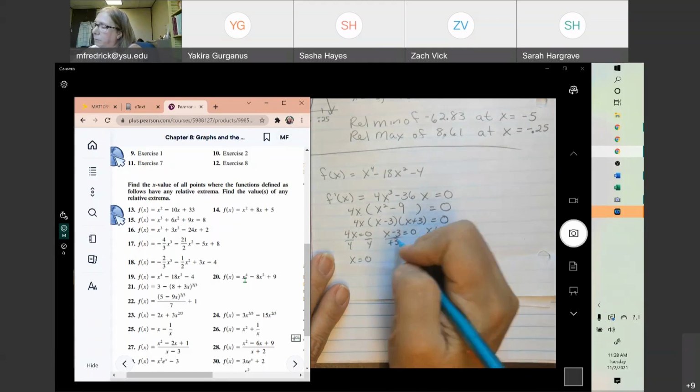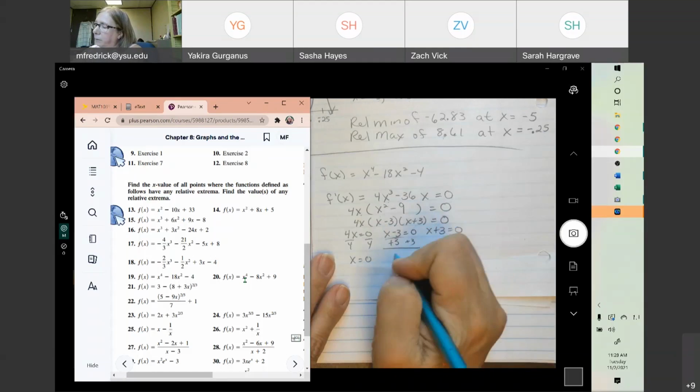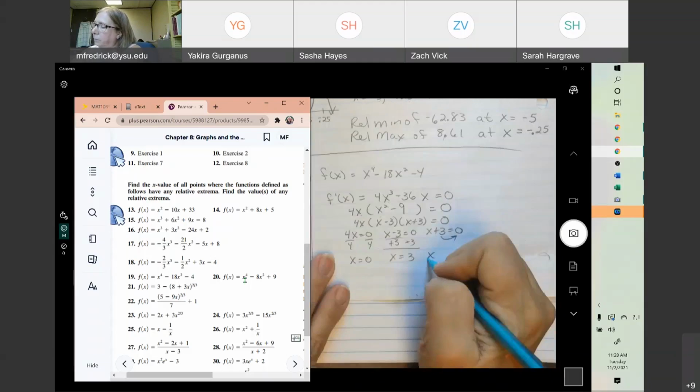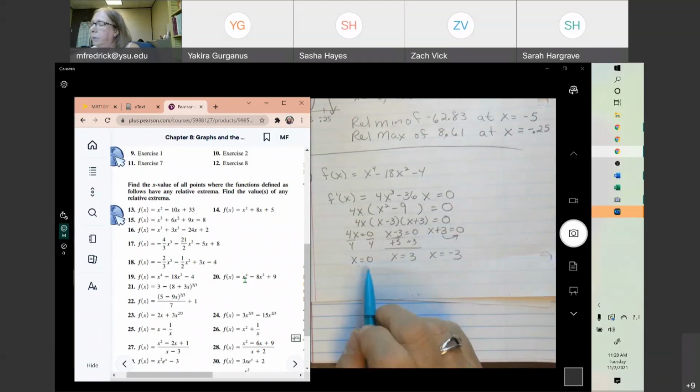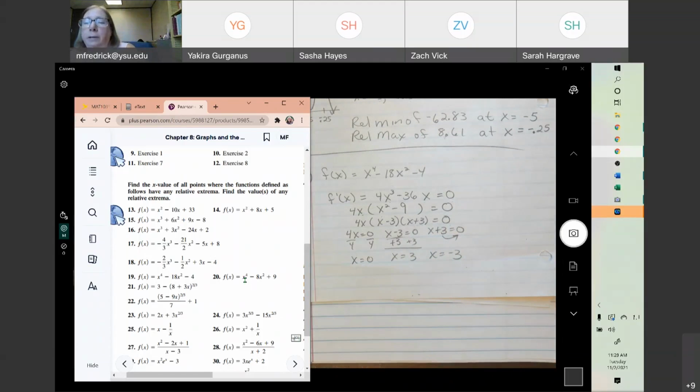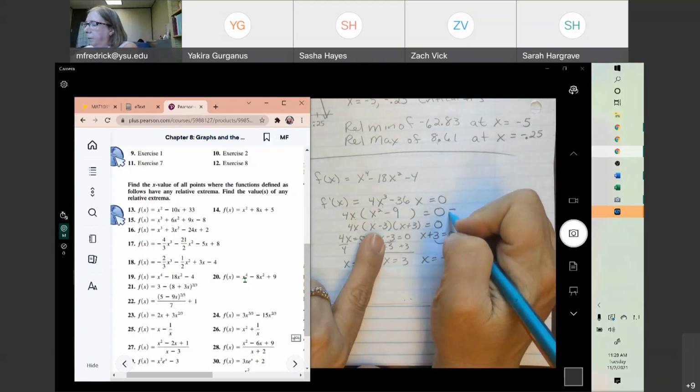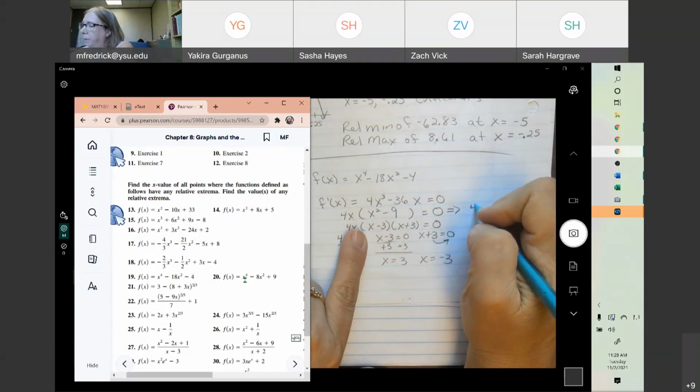This one we have to add the 3, and then subtract this one. You get 0, 3, and -3. Any questions on that?